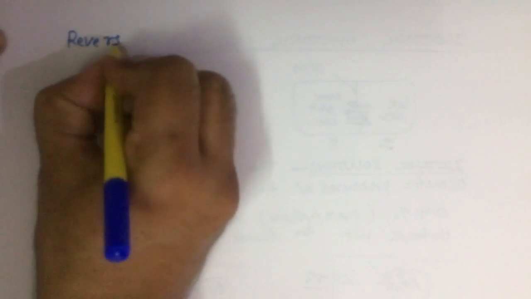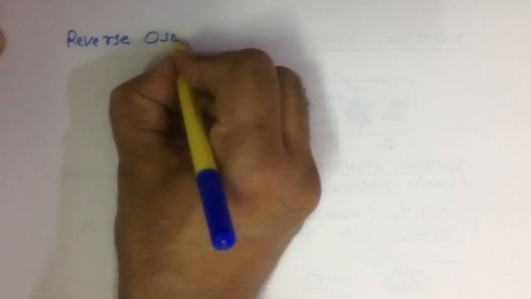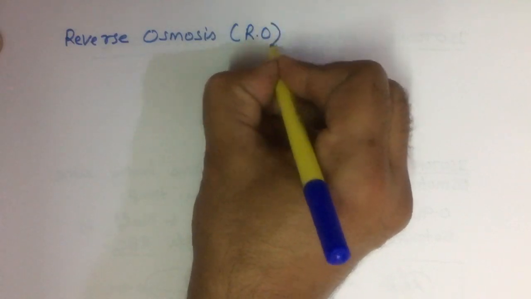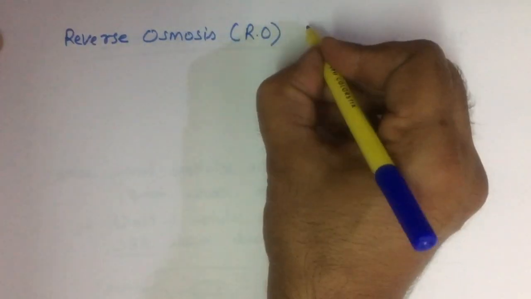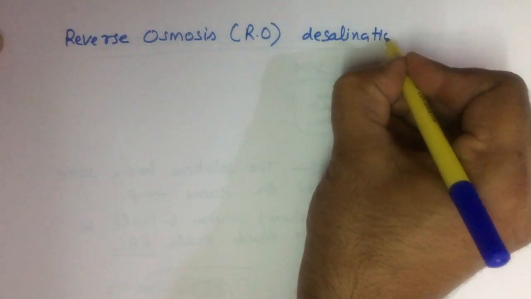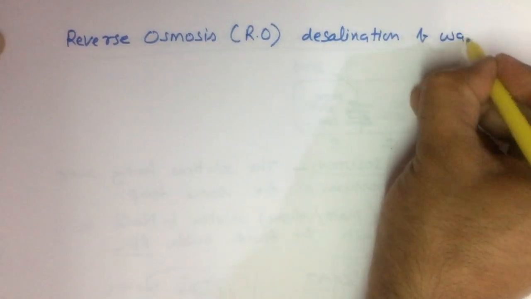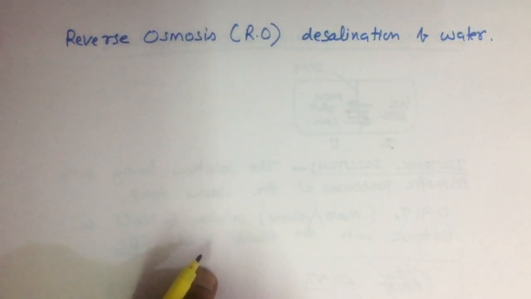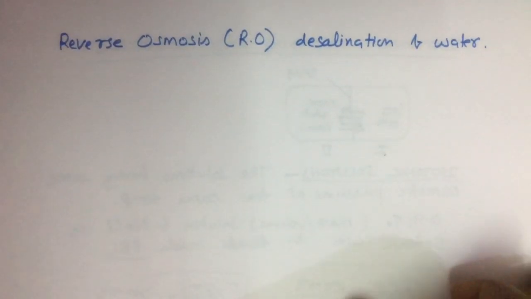The next topic is reverse osmosis, also called RO. It is used for desalination of water. You must have an RO machine in your kitchen which purifies the water.